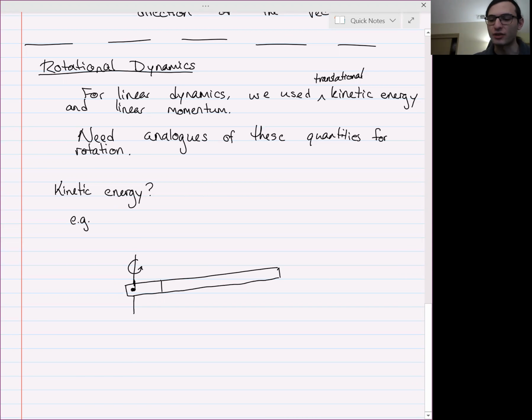And the mass over here will have some kinetic energy, and so on. We just need to figure out what it is. What we can do is break up the rod into chunks, find the kinetic energy of each chunk, and add them all together.